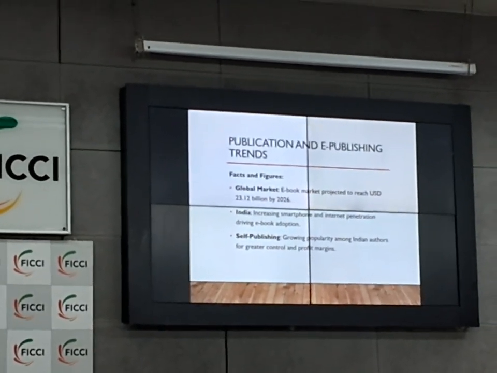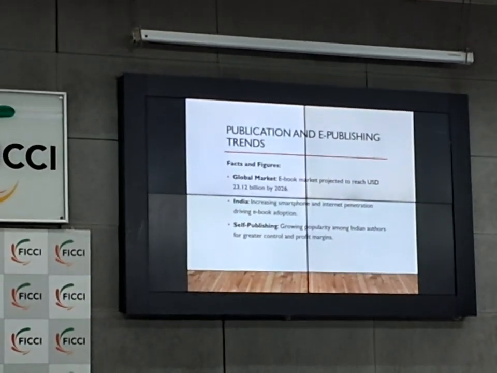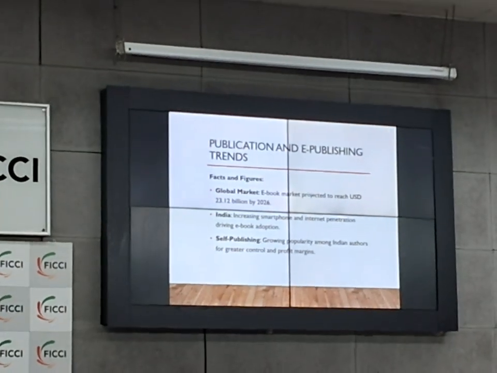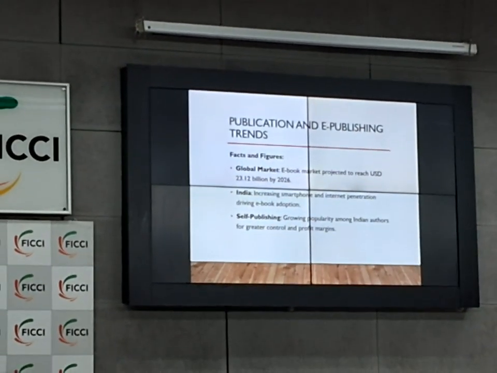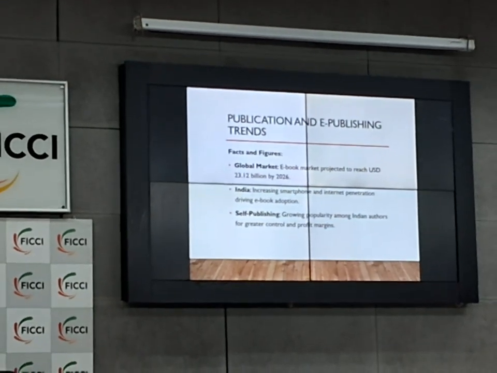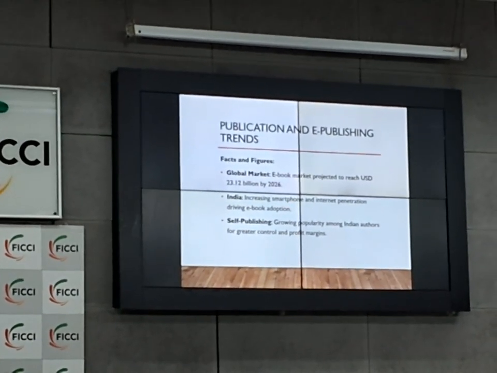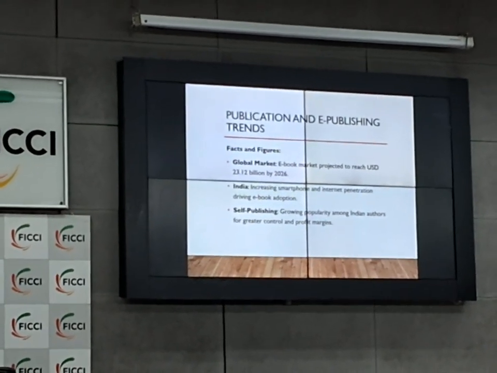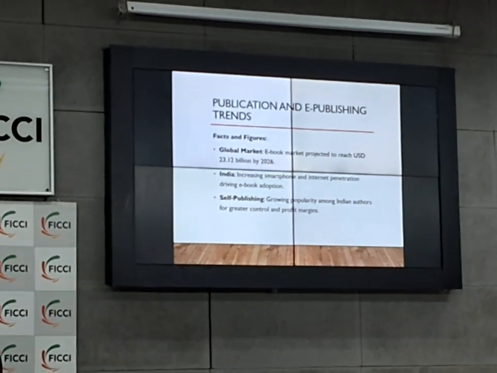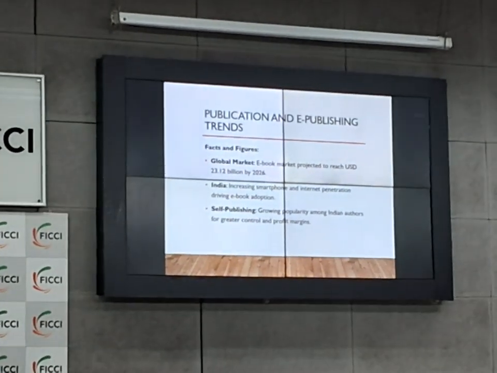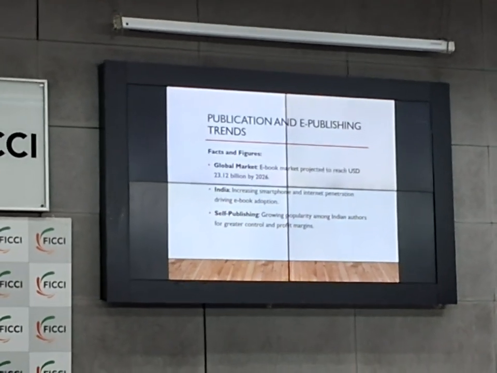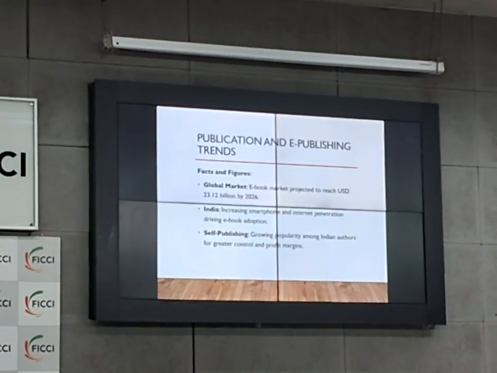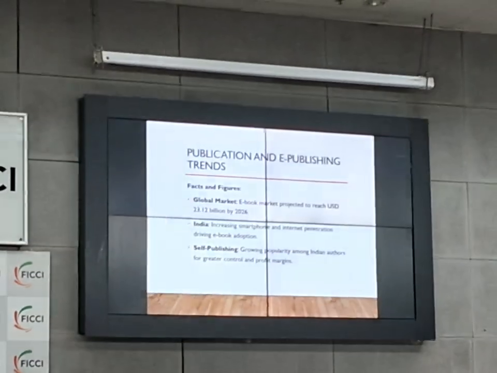And the global scenario is that there will be a 23.12 billion US dollar market by 2026, with increasing smartphone and internet penetration driving ebook adoption, because now communication has brought a revolution. In that case, e-publishing is getting popular.